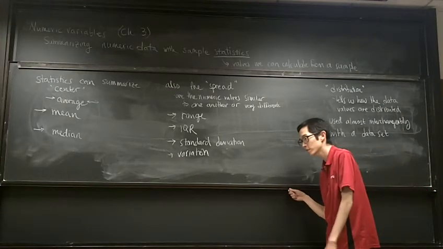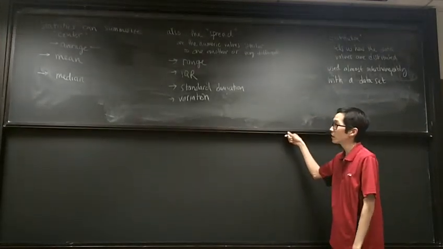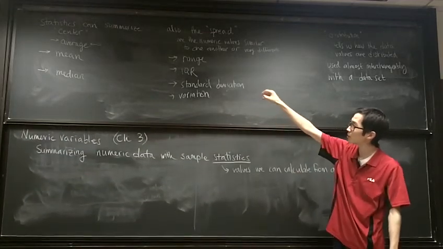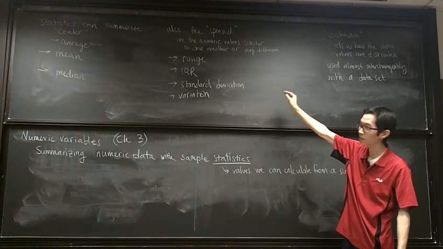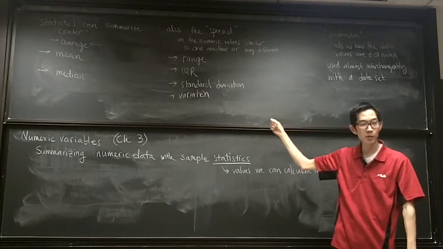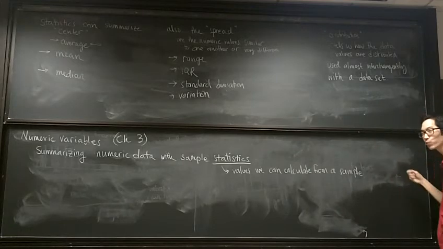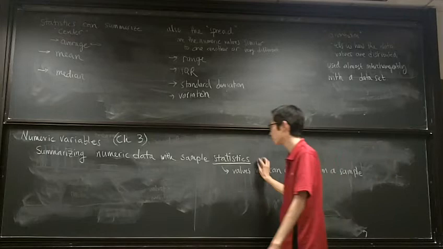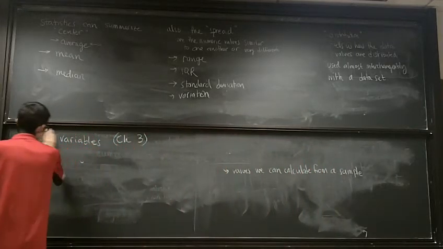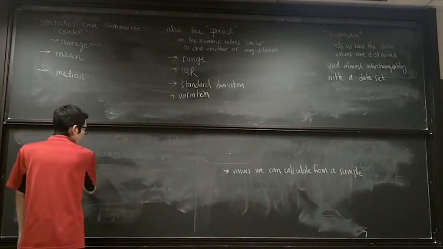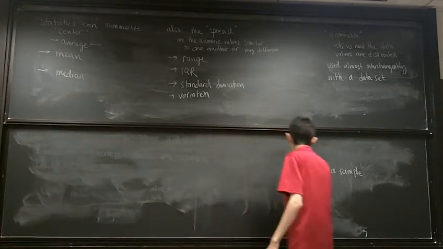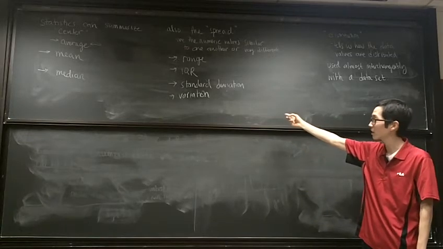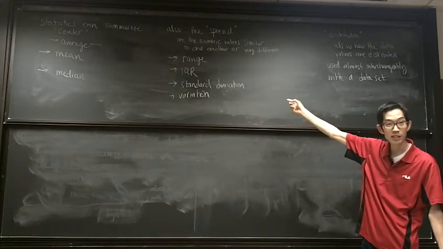Alright, so let's talk about our notions of center. Now, the book splits these things up. I split them up as numbers that summarize center and numbers that summarize spread. The book splits them up as numbers that are useful for symmetric distributions and numbers that are useful for skewed distributions. And there's nothing wrong with splitting the numbers up that way. But the truth is, these numbers can be calculated for any set of numbers, for any set of data.